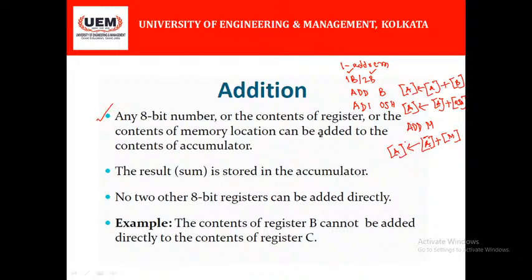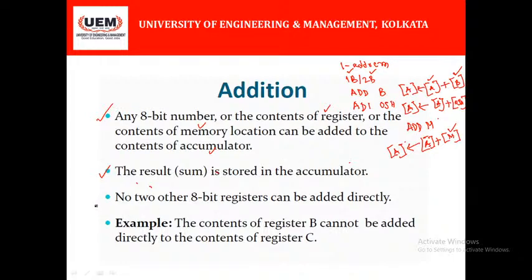That's why it says the content of a register or the content of a memory location can be added to the content of the accumulator. You can see in ADD M, the content of the memory location is added to the accumulator. In the case of ADD B, the content of the B register is added with A. After that the result is stored in the accumulator register.